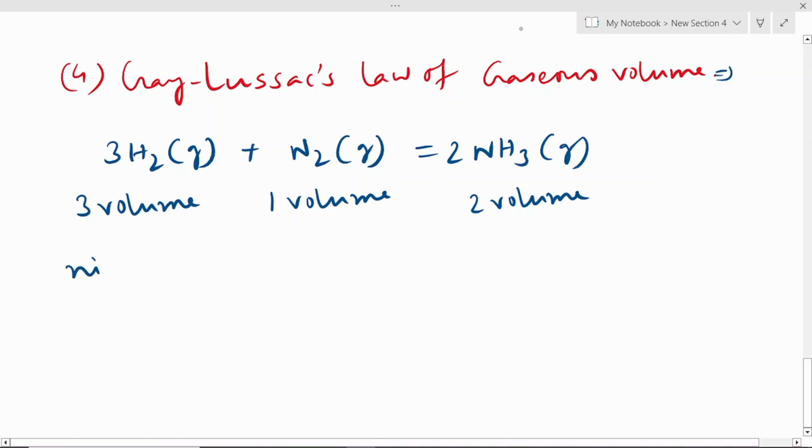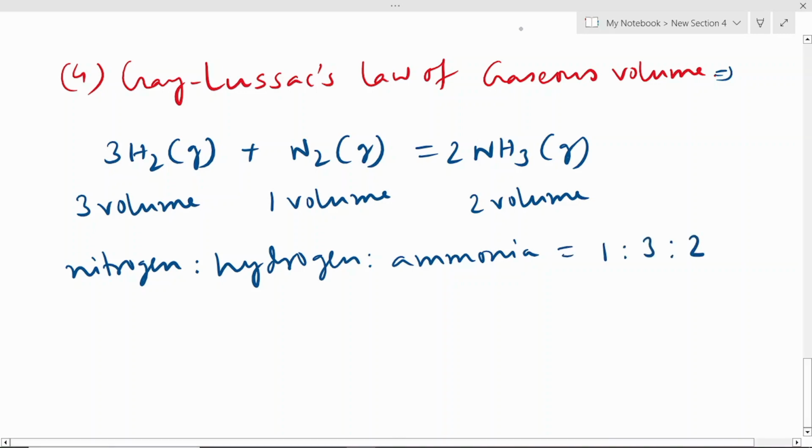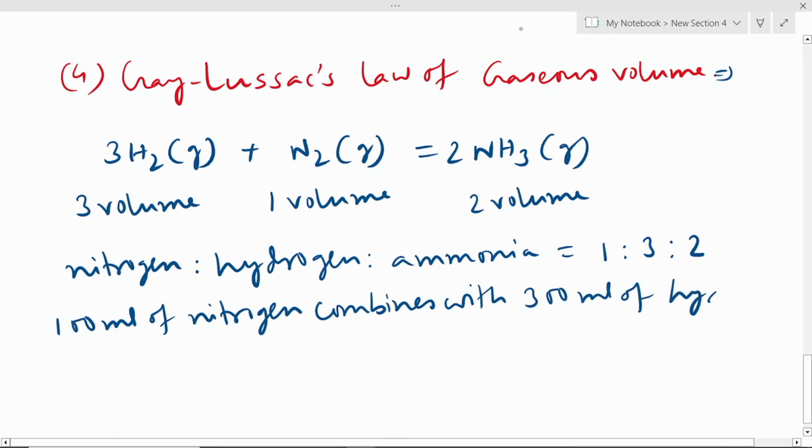So nitrogen to hydrogen to ammonia bears a simple whole number ratio, which is 1:3:2. In other words, 100 ml of nitrogen combines with 300 ml of hydrogen to form 200 ml of ammonia.